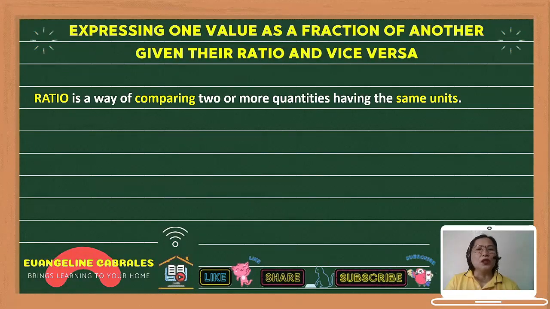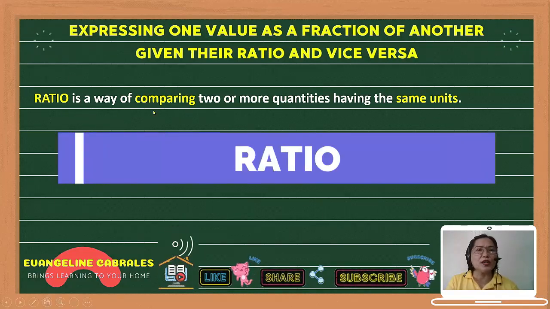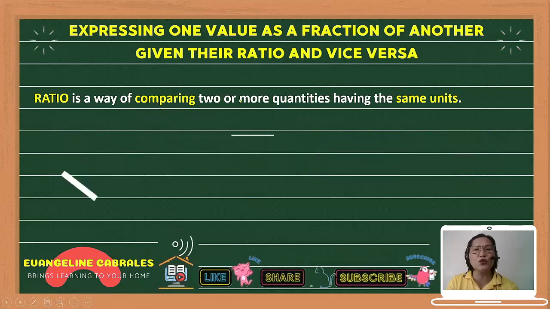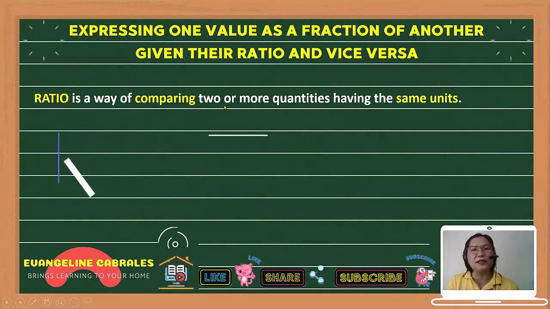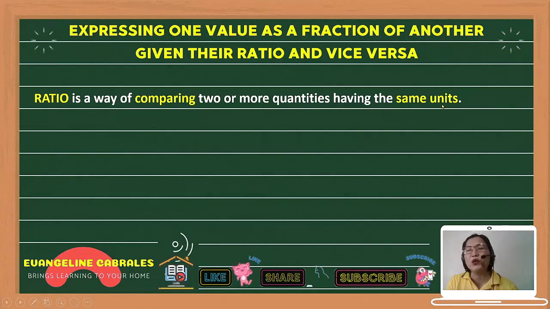So, our topic is all about ratio. Ratio is a way of comparing two or more quantities having the same units. Ito ay isang paraan ng pagkukumpara ng dalawa o higit pang bilang o number na may parehong unit.